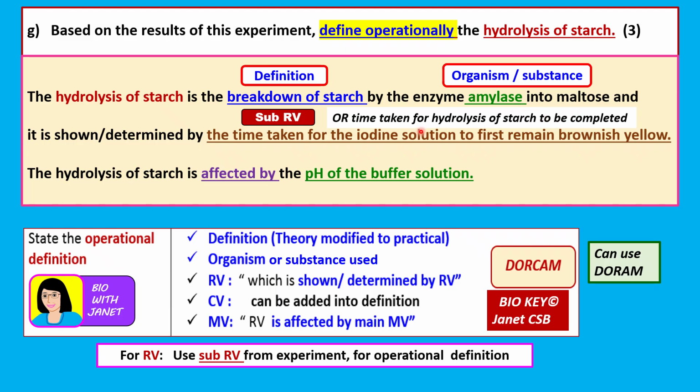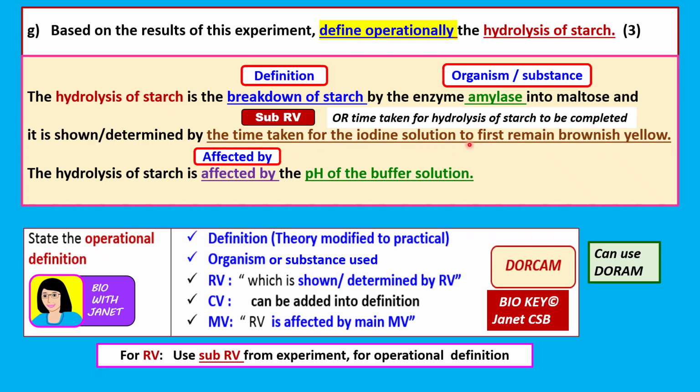And then the RV, it is shown or determined by the time taken for the iodine solution to first remain brownish yellow. Okay, because in this case, you cannot say it's shown or determined by the time taken for the hydrolysis of starch to be completed. Not so clear.